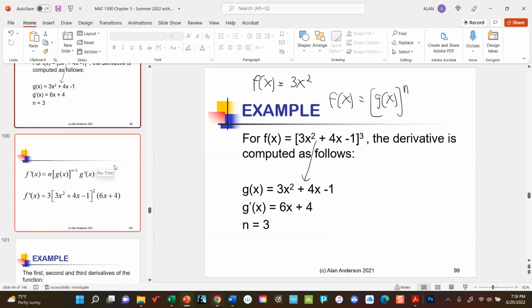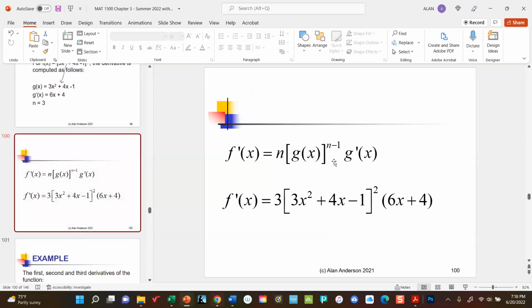All right, so here again is the rule. And just quickly reminding you, this is the g of x. This is g prime of x. And since the exponent was 3, the 3 moves into the front, and the exponent up here is now n minus 1. So this is our final result. 3 times g of x, 3x squared plus 4x minus 1, raised to the second power.